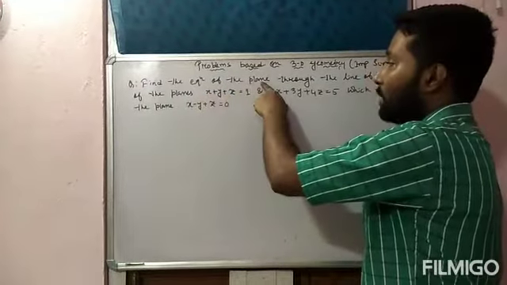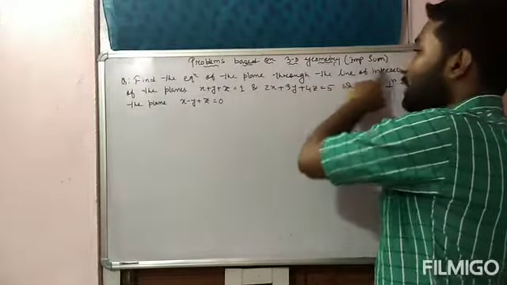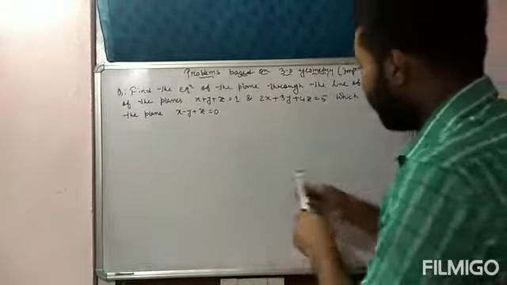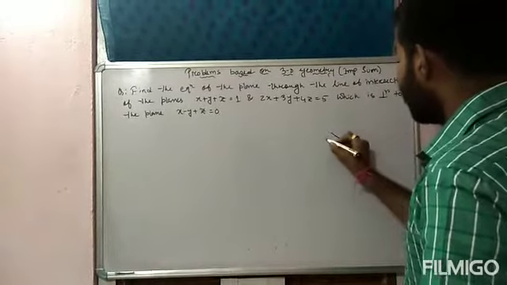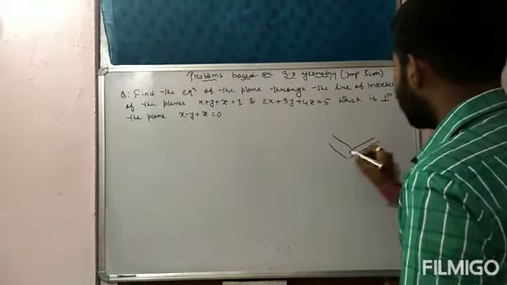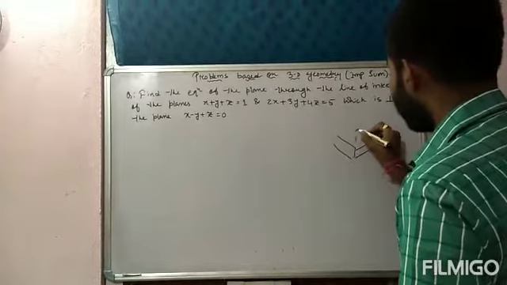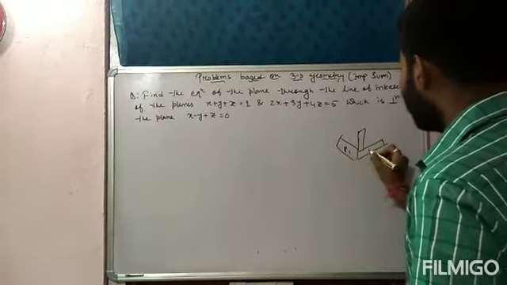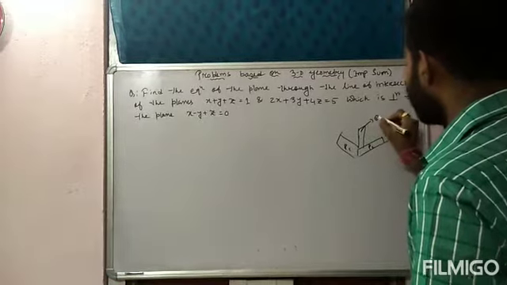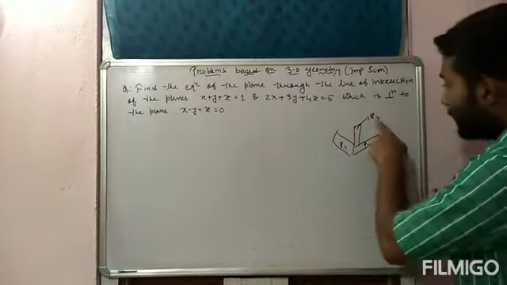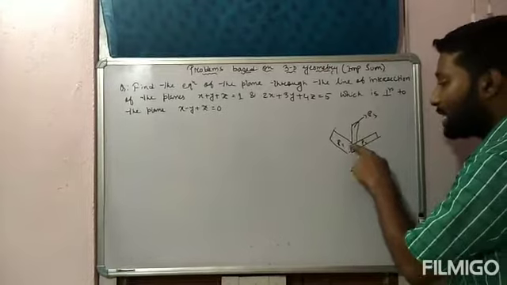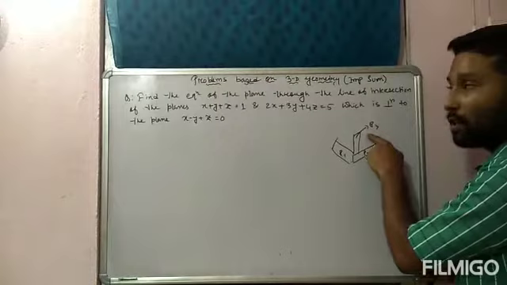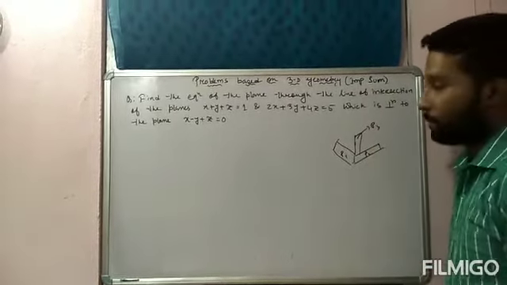Okay, so again I am repeating the question. Find the equation of the plane through the line of intersection of these two planes. That means the plane is passing through the intersection of the two planes. Suppose this is the plane, say P1, P2 and this one is say P3. So here P3 is passing through the intersection of these two planes. ठीक है, you are asked to find the equation of this P3.